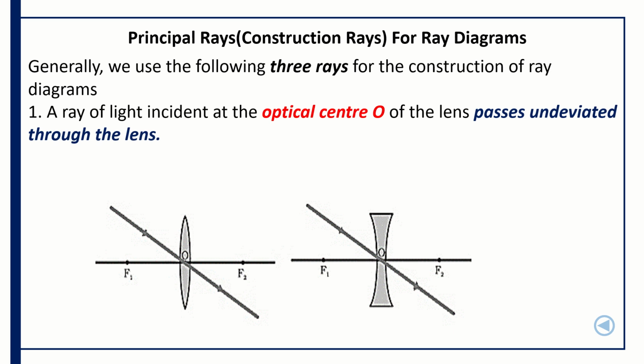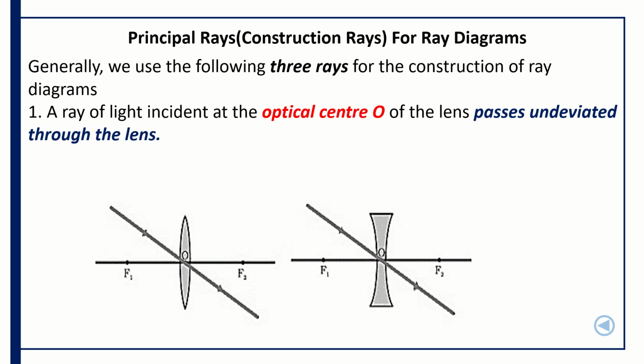First, a ray of light incident at the optical center O. We already know what an optical center is. The optical center is the center of the lens, from where if a ray passes, it will pass undeviated, or it passes parallel to the incident ray.